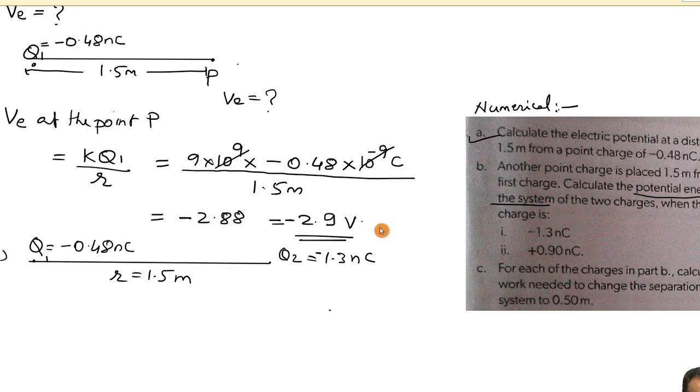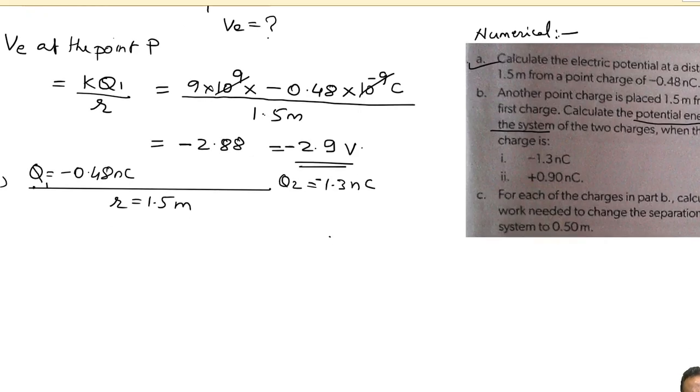Here I would like to tell you something about potential energy, and these are very basic and very conceptual things. Potential energy, of course, electrostatic potential energy we are talking about. So electrostatic potential energy due to a single charge is not defined.